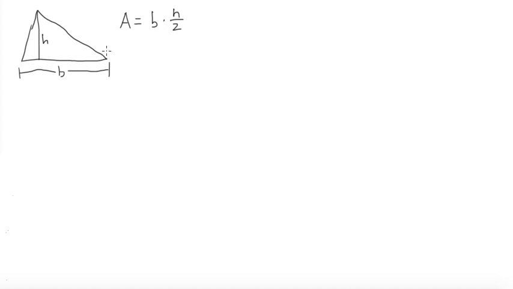So let's say we had a triangle such as this. Let's say that the height of that triangle was 6 and the base was 10 inches. Well, let's plug it in. We substitute. When we take the 6 and put it into the H, we're substituting the H for the 6, and the B for the 10.